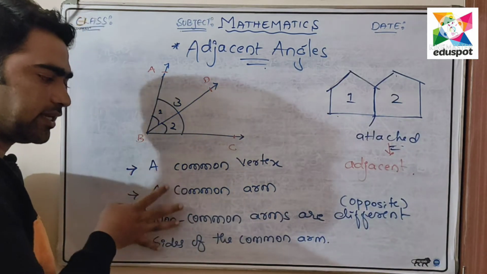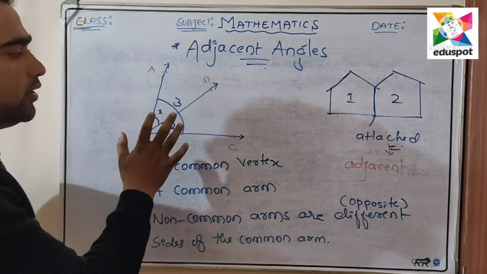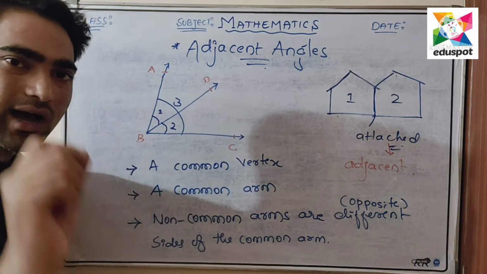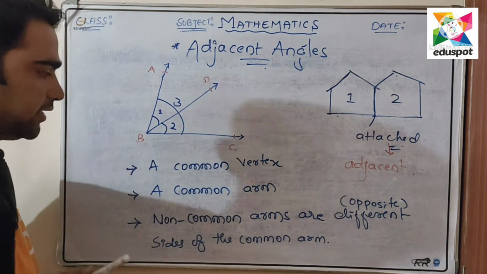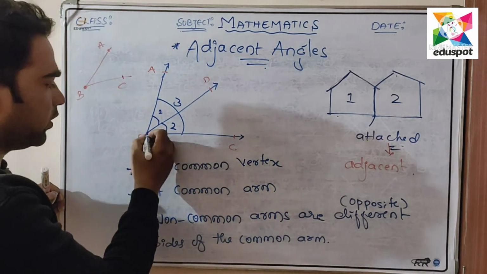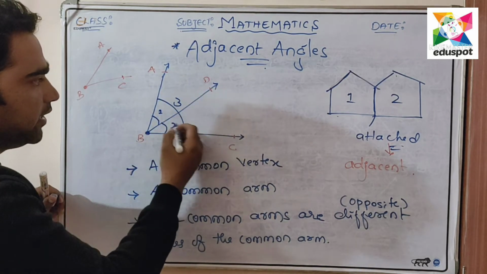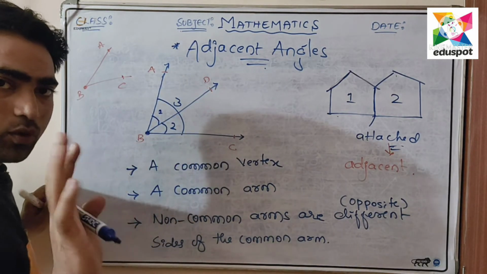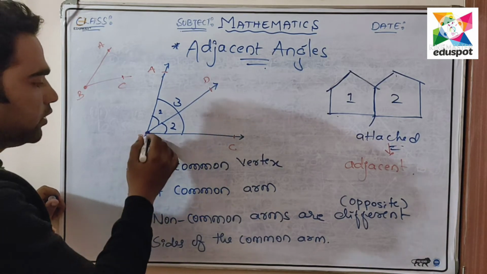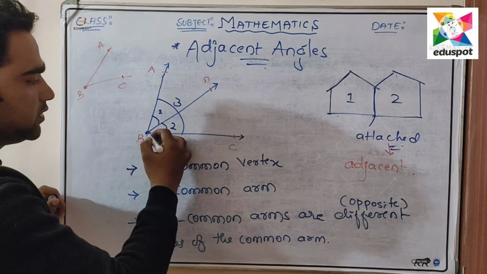If these three conditions are satisfied, then you can call these two angles adjacent angles. First, let's see the common vertex. Here B is common for angle ABD and angle DBC, both angles, right? So it is a common vertex. And then the common arm.